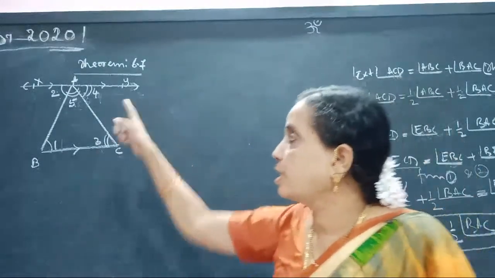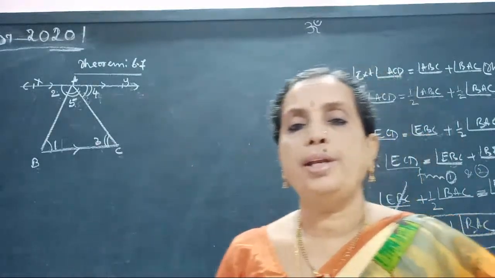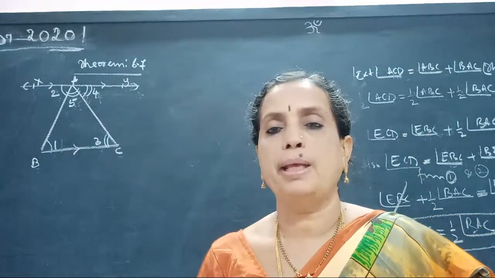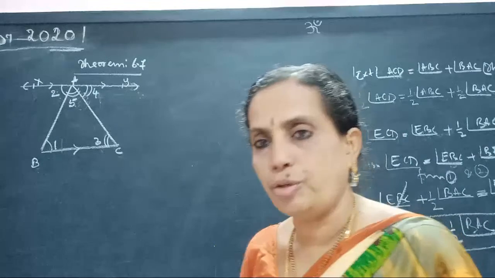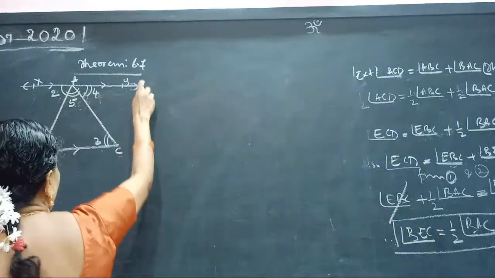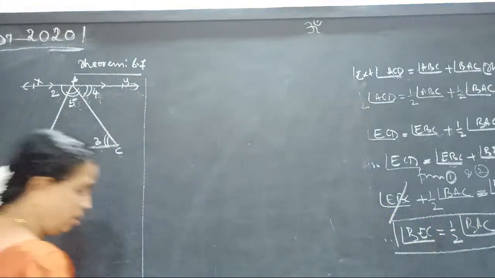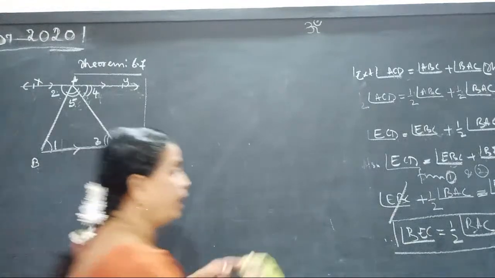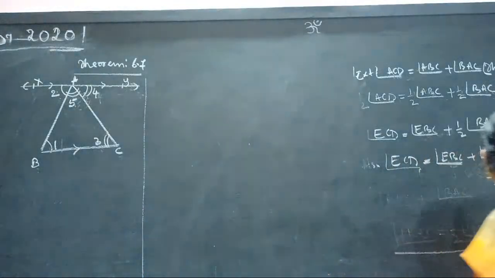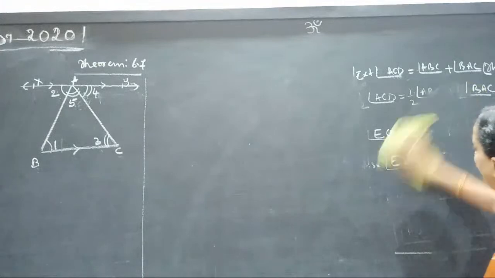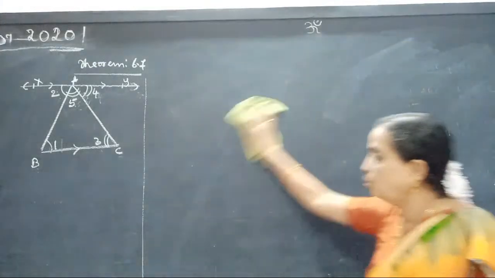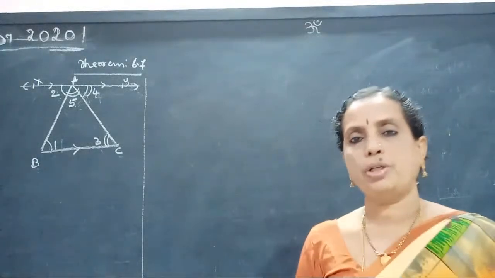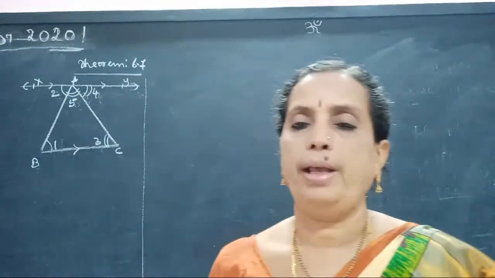Here we did the construction, drawing a line XY parallel to the base BC. So now one by one step, complete the theorem. This I already did. Again I am doing it. Those who know, you can write it as it is, but don't keep quiet without writing, because only after writing can you move on to the second part of this question, find the value of x.